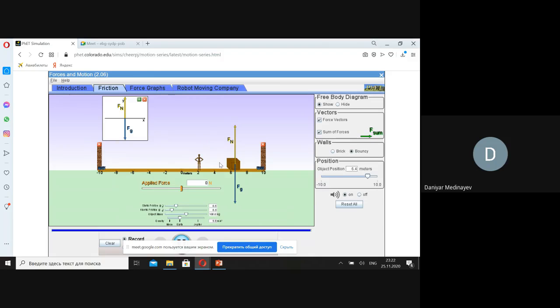But if this box starts moving in some direction, the forces which act on this box will increase. For instance, let's just see it.